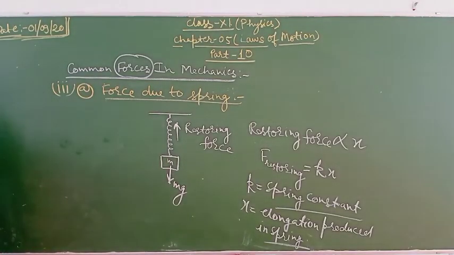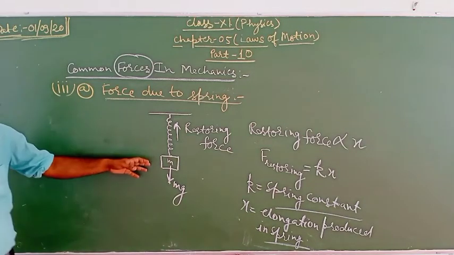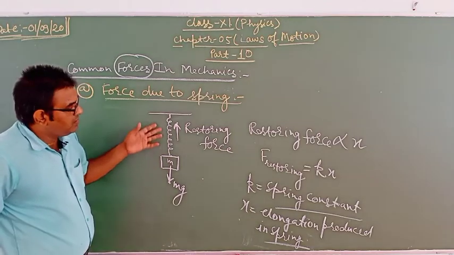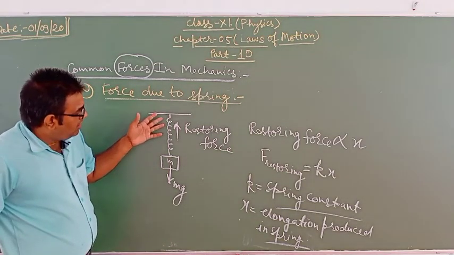So, dear students, when a spring is compressed or extended by an external force, a restoring force is generated. This restoring force F is usually proportional to compression or elongation, that is a small distance. This is the case of elongation.